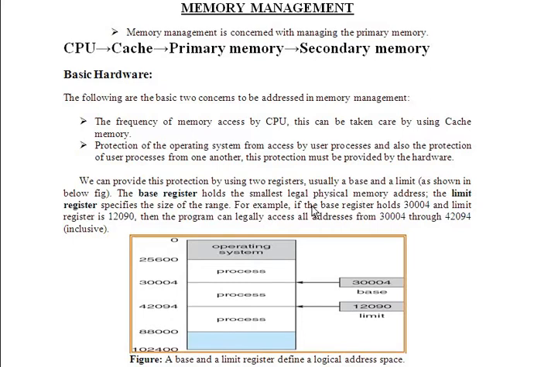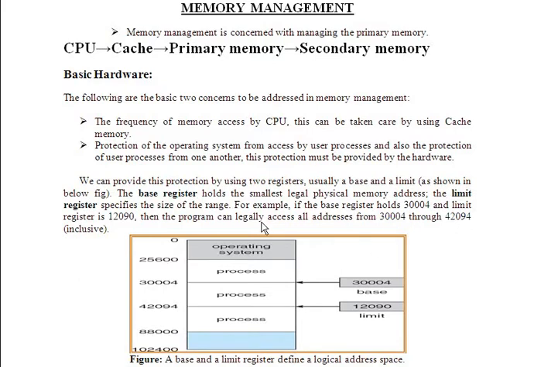Let us see with an example how it works. In this example we have a base register of 30,004. Now the limit register is 12,090. The total legal access will be 30,004 plus 12,090, which becomes 42,094.